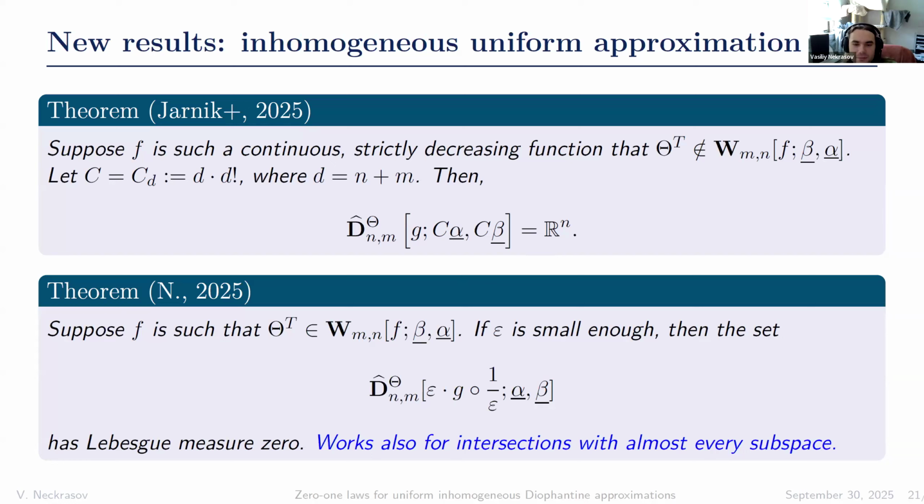And when we are considering transference, because the norms on R^n and on R^m are different, we also need to switch between alpha and beta. So for theta transpose, we consider F beta-alpha approximable. For theta, we consider G alpha-beta approximable. All the rest is the same, it's just a direct generalization of the previous slide.